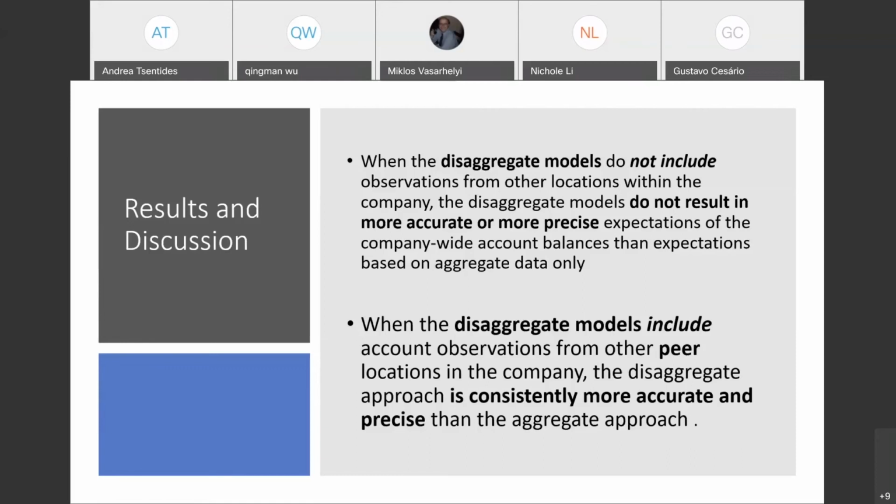And as we saw later with the second round of tests, when the disaggregate models include account observations from other peer locations in the company, we have more consistent, more accurate predictions than we would have had with the aggregate approach.